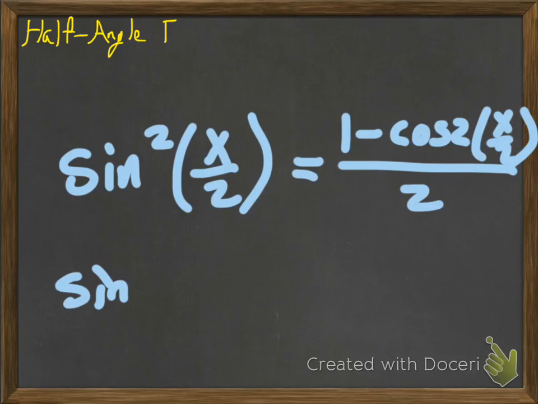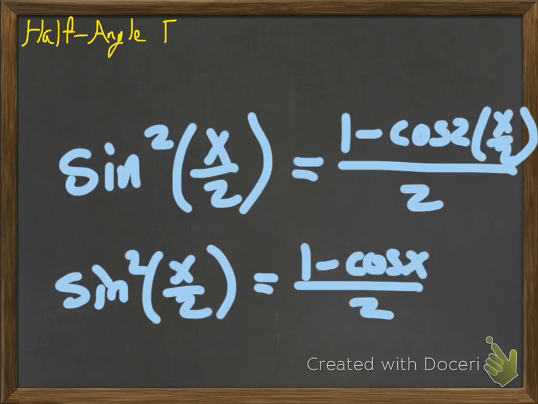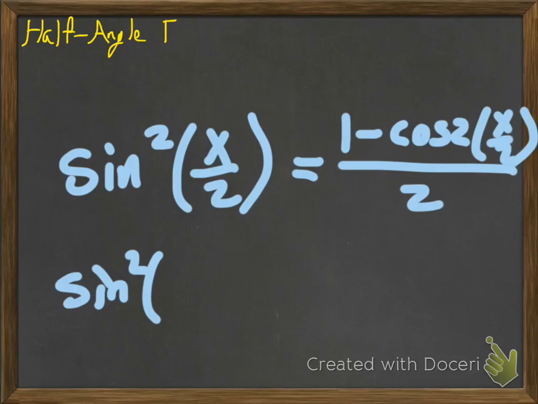So then we have sine squared x over 2 is equal to 1 minus cosine x over 2. And then what's going to happen is we're going to go ahead and take the square root, and when we solve with equations and we take the square root, we're going to get plus or minus. So that plus or minus is going to be dependent on what quadrant x over 2 is going to be.